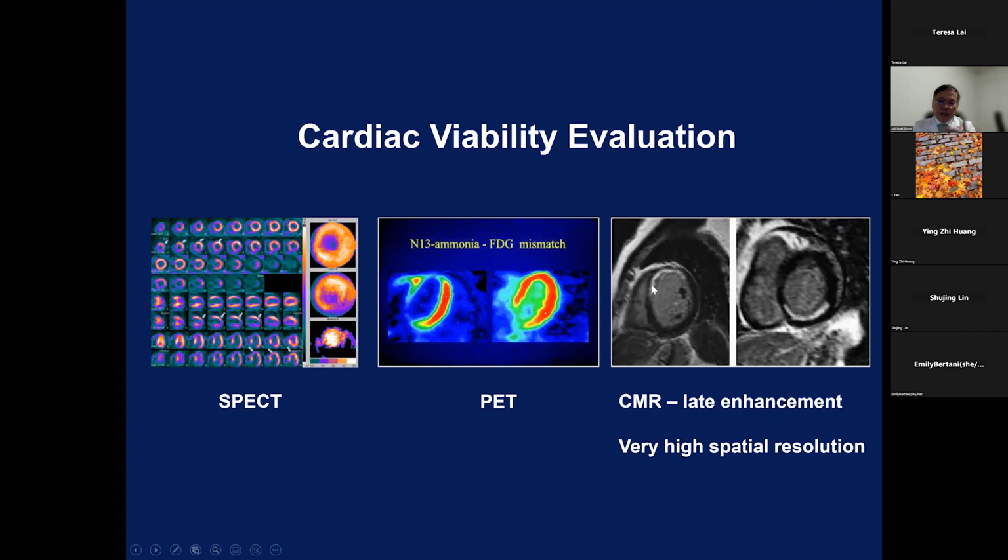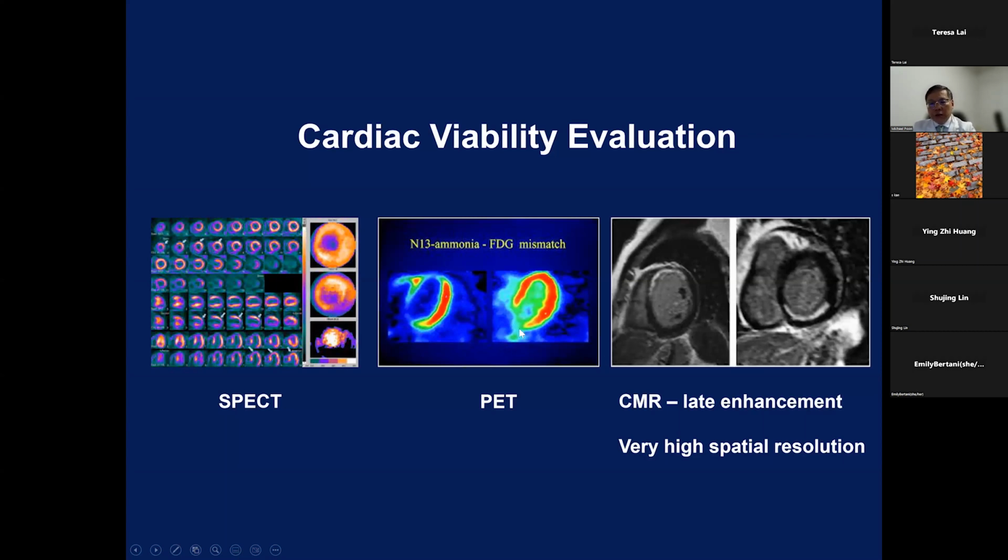So it can tell you whether the scar, which is the white area, is complete full thickness or only partial thickness. Of course, more white, more dead, right? So you want the white part to be as little as possible so that you can recommend the patient to have bypass or coronary stenting.